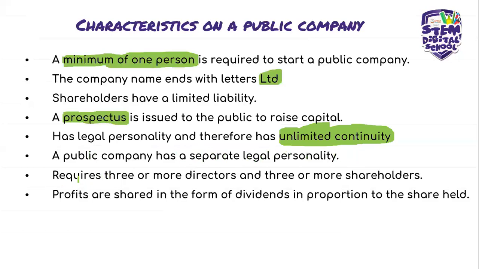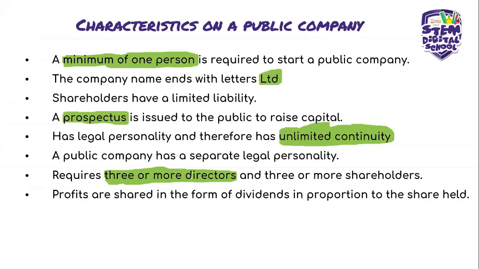Also, a public company requires 3 or more directors. So very important. It requires 3 or more directors. It can be 3 directors, can be 4, but needs to be at least 3. If you've got 2 directors, you can't form your public company, right?